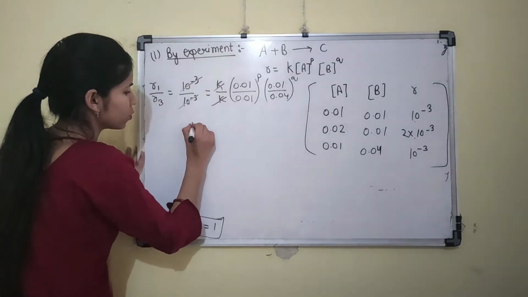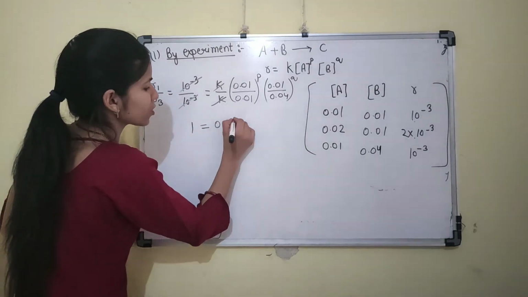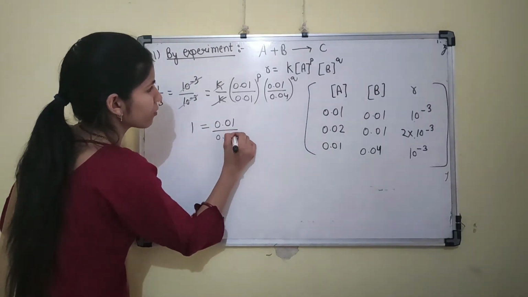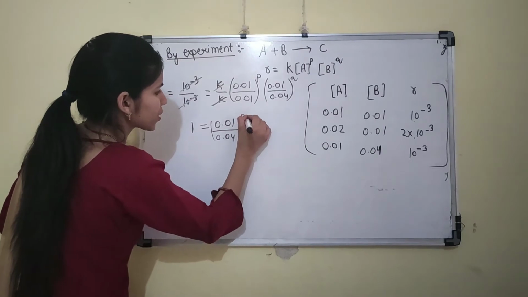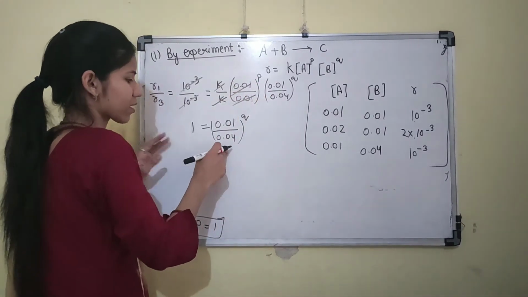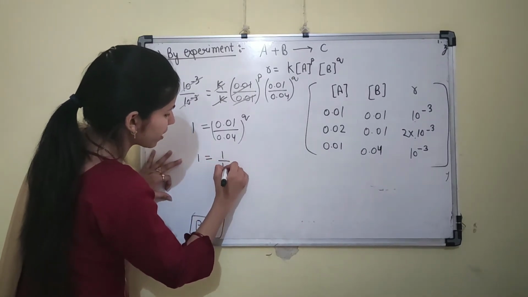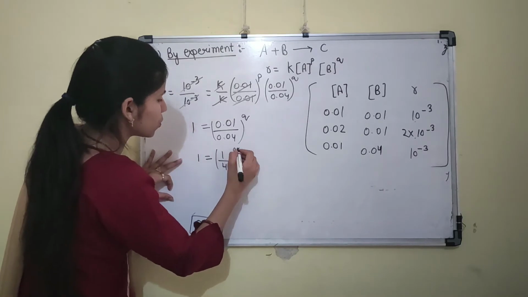So it will be equal to 1 is equals to 0.01, 0.04 raised to the power Q, and this is also cancelled out. And if we remove this decimal, so this is equals to 1 by 4 Q.